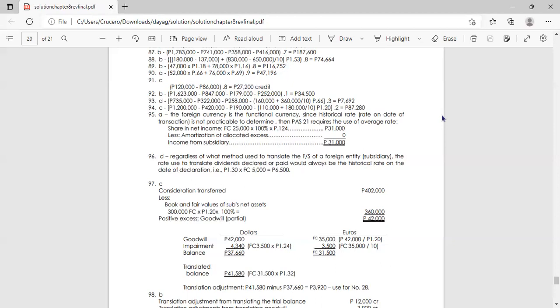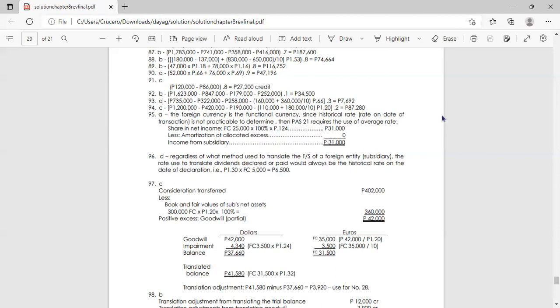The foreign subsidiary reported income of 25,000 FCs for 20x5 and paid a cash dividend of 5,000 FCs on November 30, 20x5. Included on the foreign subsidiary's income statement was depreciation expense of 2,500 FCs.